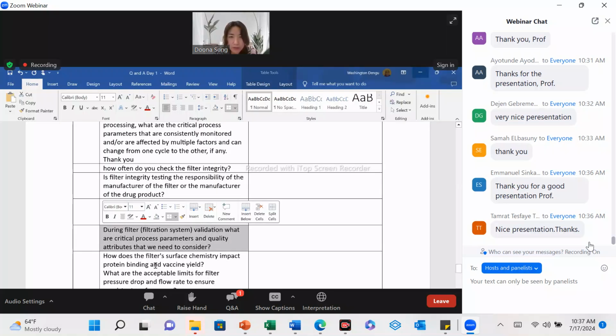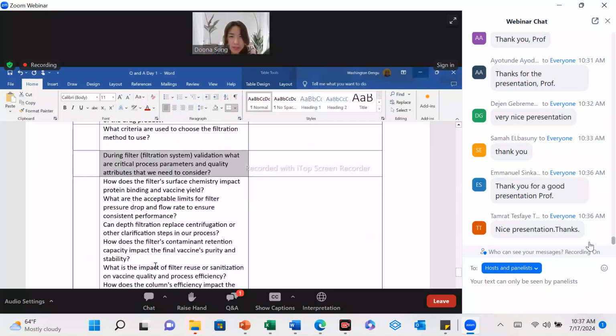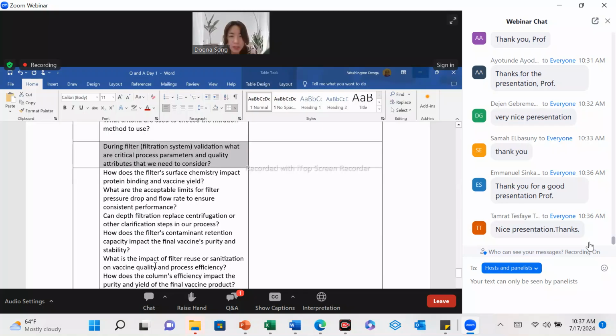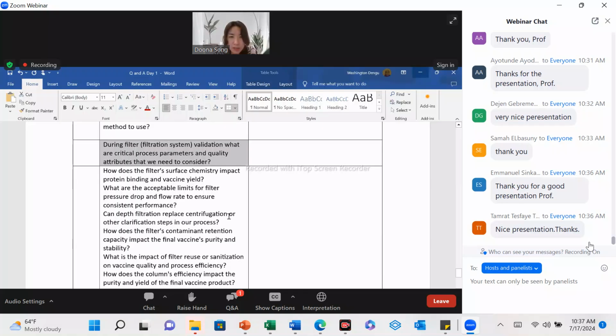Okay. During filter validation, what critical process parameters or quality attributes do we need to consider?